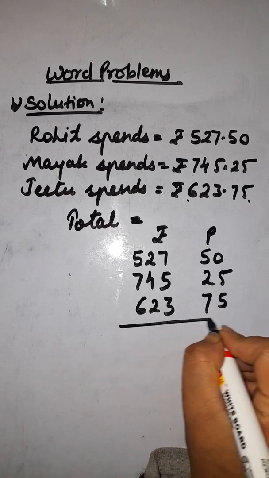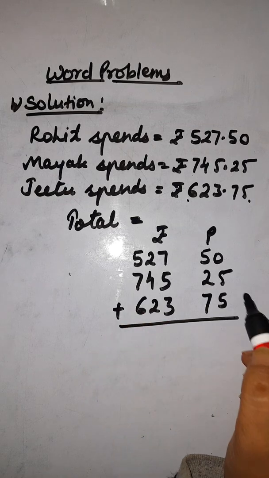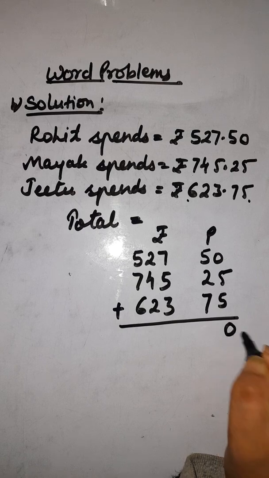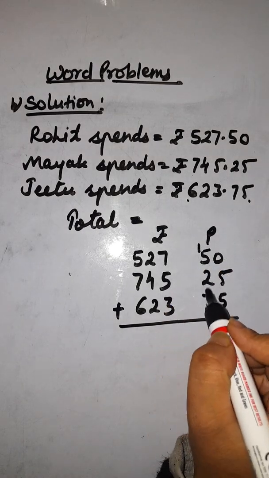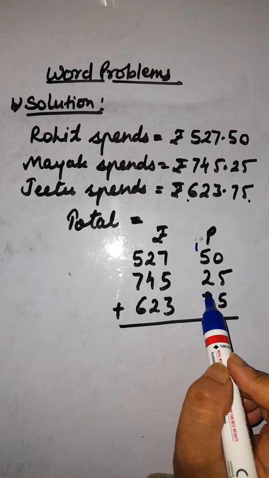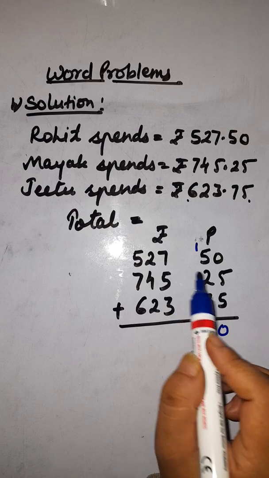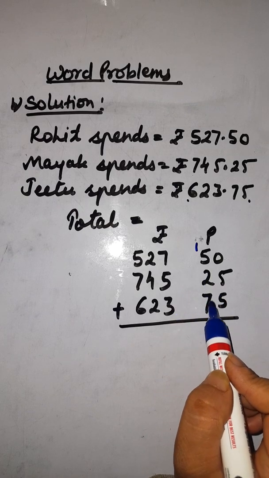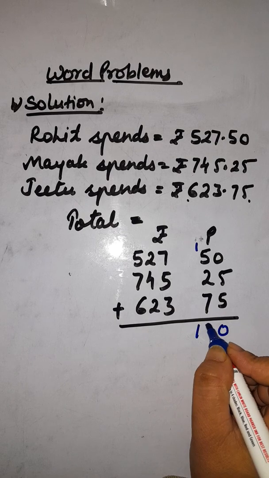Now we'll add all the amounts. In the ones place, 5 plus 5 is 10, 1 carry, 7 plus 5 plus 1 is 6, 6 plus 2 is 8, 8 plus 7 is 15.